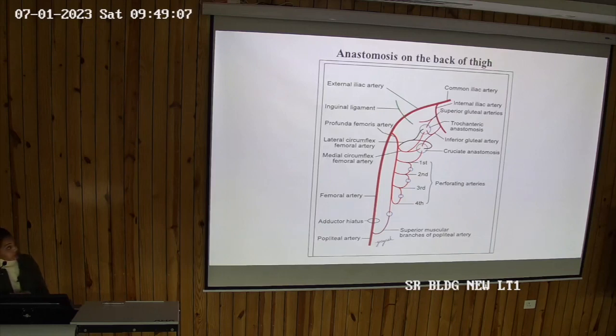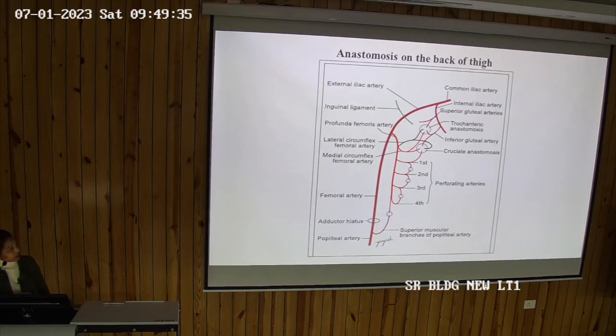Okay, so over here trochanteric anastomosis is taking place between the descending branch of superior gluteal artery, inferior gluteal artery, ascending branch of lateral circumflex femoral artery and medial circumflex femoral artery. So the ascending branches of medial and lateral circumflex femoral artery and the descending branches of superior and inferior gluteal artery form the trochanteric anastomosis.